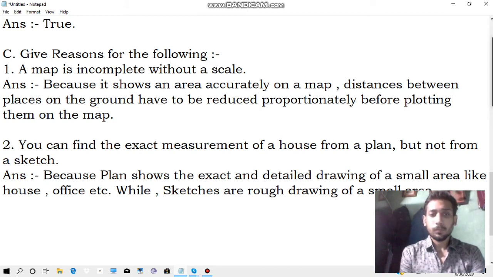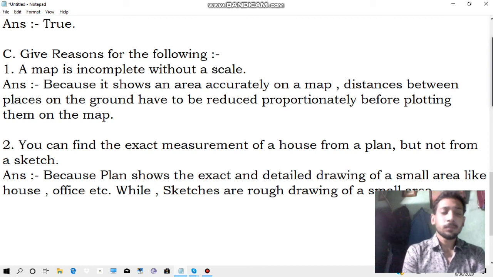But if we use the map without scale, it doesn't define how much distance it covers. If there are two points in a map, from one point to the other point how much distance it covers. So to express the distance on the real ground, the real earth crust, we have to use the scale, and that scale has a reduced proportionality before plotting them on the map.